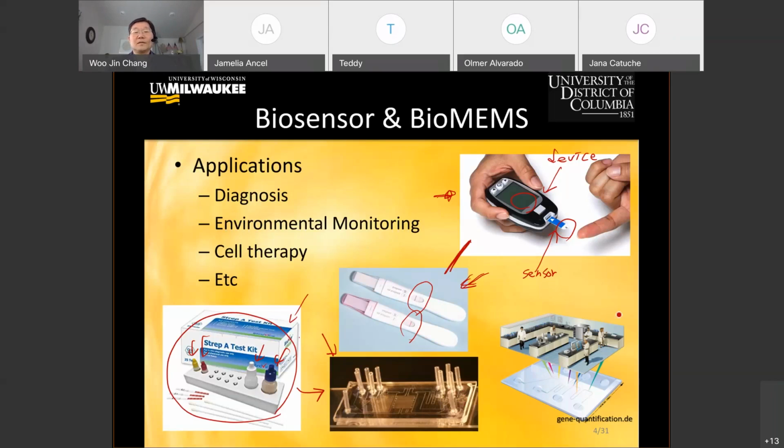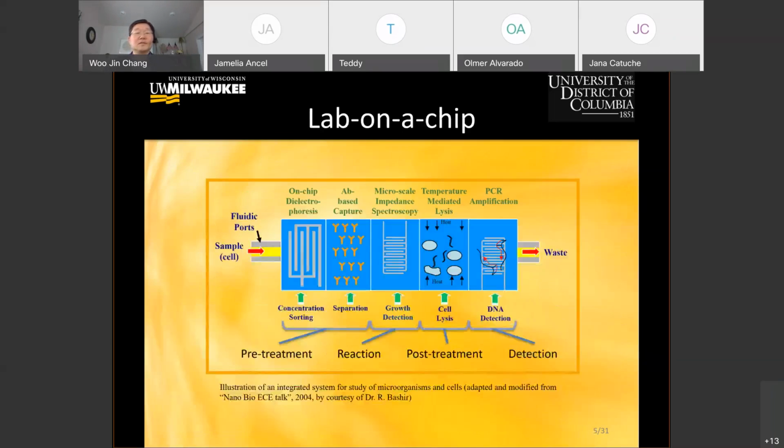So from that, this concept of lab on a chip is generated. So basically, in these two examples, the detection was quite simple, but in typical applications, we need many different processes to do the detection. So typically, we need to treat the sample first, and then make some reaction, and then some post treatments should be integrated, and then finally we can detect the level of certain molecules.